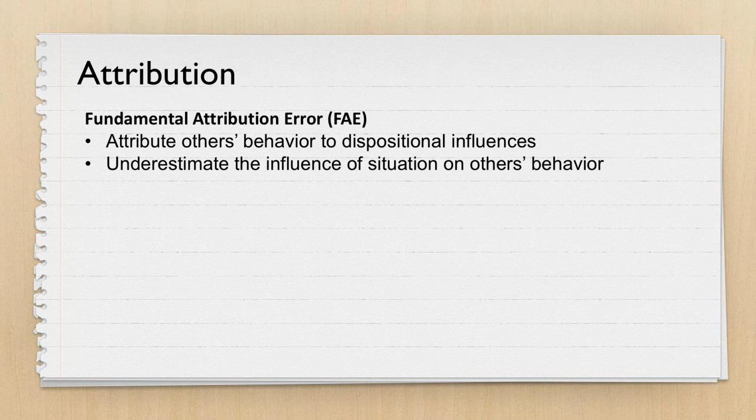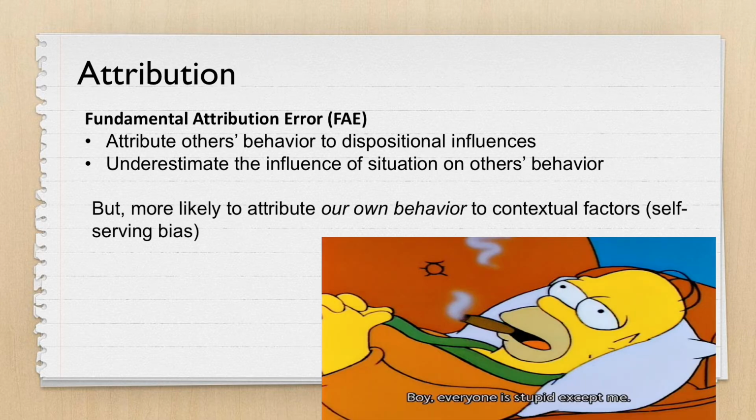On the other hand, we do not show the fundamental attribution error when we are making attributions for our own behaviors. Instead, we are slightly more likely to attribute our own behavior to contextual factors, to situational factors, at least when the behavior might be negative.